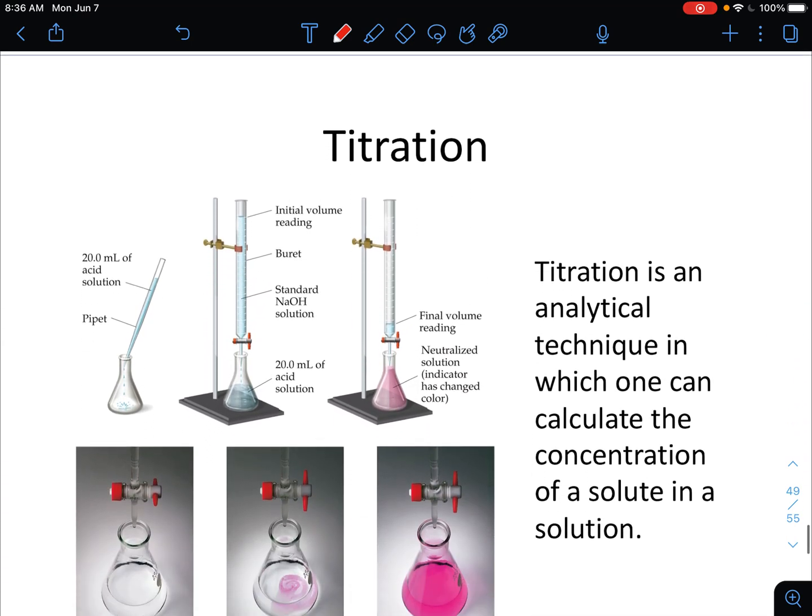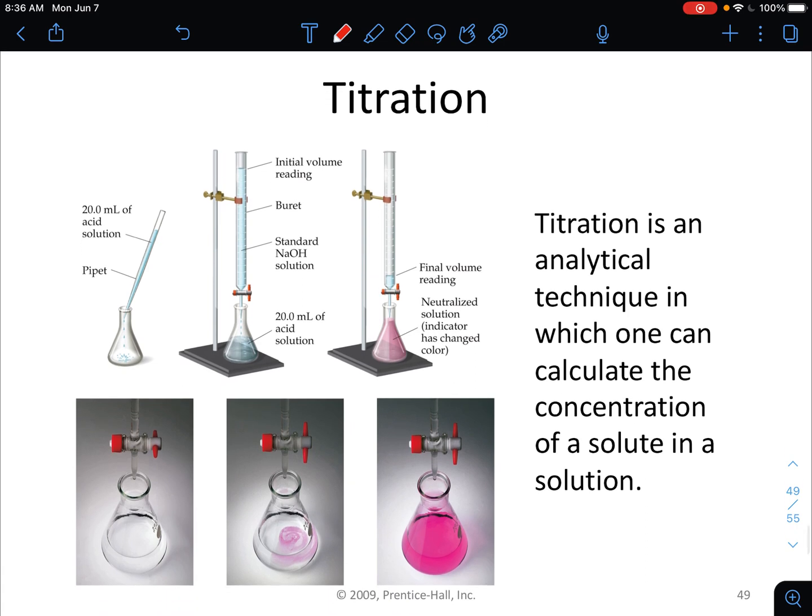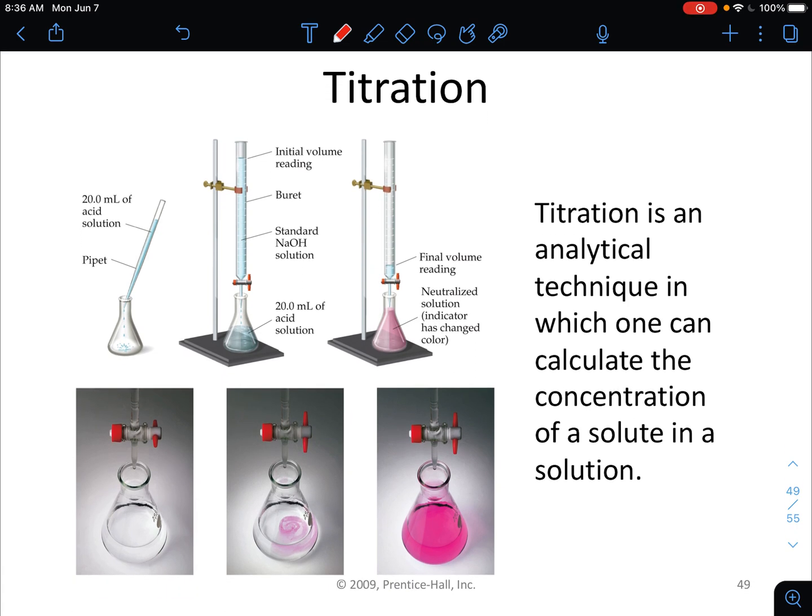So we were talking about acid-base neutralization before, but we can also talk about acid-base titration, and effectively those are the same thing. In this setup, you have an acid solution in a beaker down below.